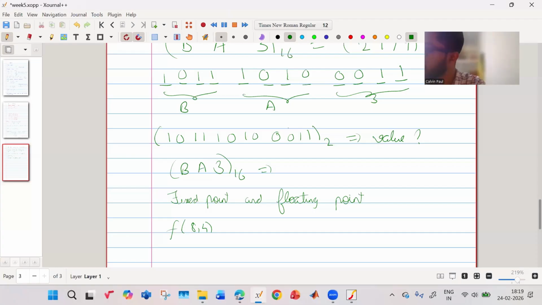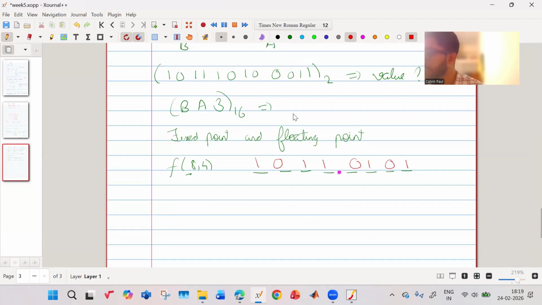That means you have 8 bits, but your point is after the 4th bit from the right side. Let us just take a number, let us say 10110101.